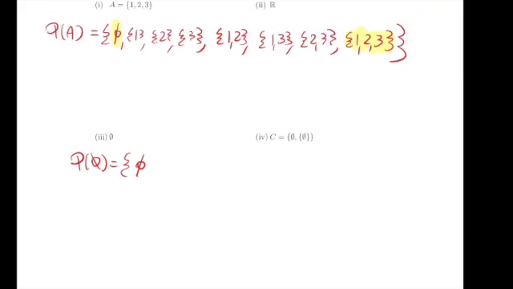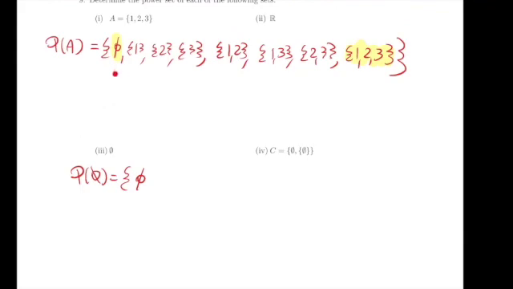And you kind of think about starting with the empty set and then working your way up to the set that you started with. And in this case, we've already reached that point, right? This is the only subset of the empty set. So the power set here is the set containing the empty set.